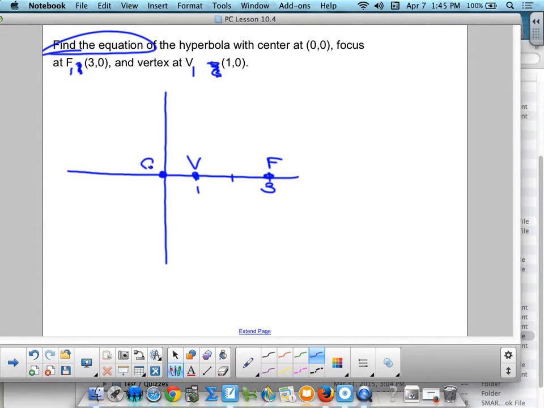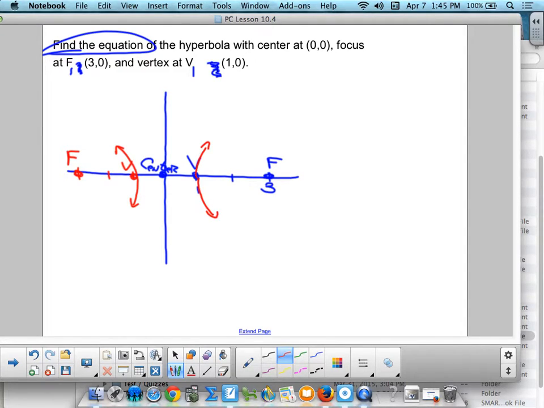This is the center. I think most of you can see it. Can't you see it's going like this? Right? And I could put one over here, call that the vertex, call that the focus.